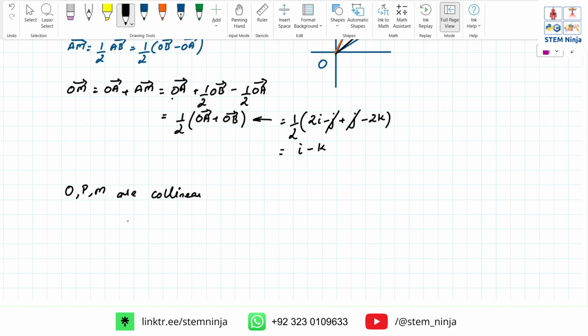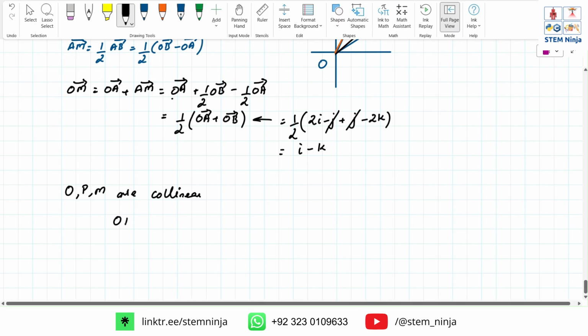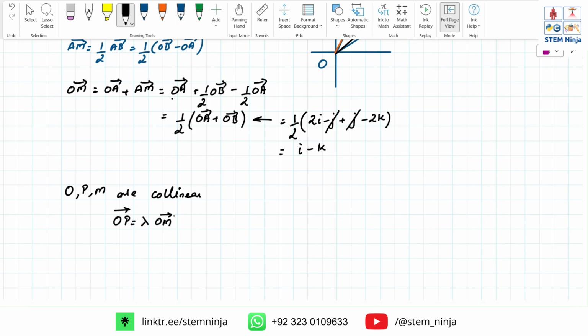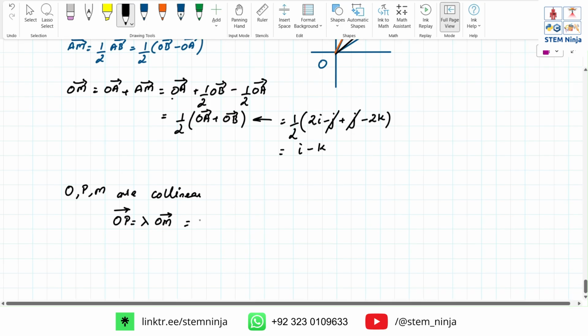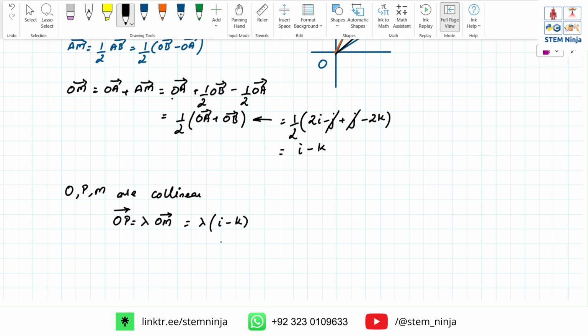If you remember from IGCSE, that means that OP is some multiple of OM, which means they are parallel vectors. So we can assign some scalar multiple to OM, i minus k, so lambda i minus lambda k.